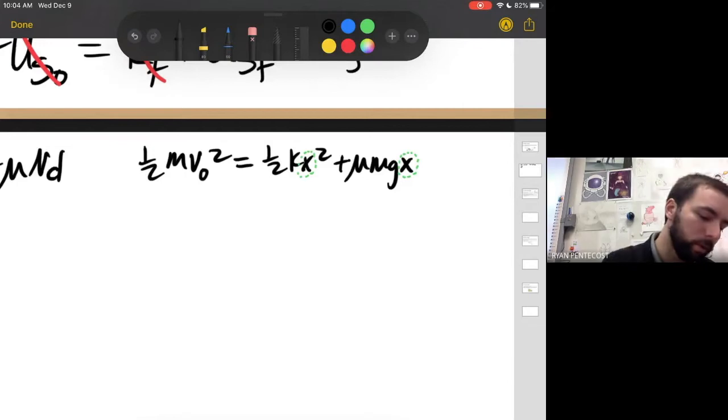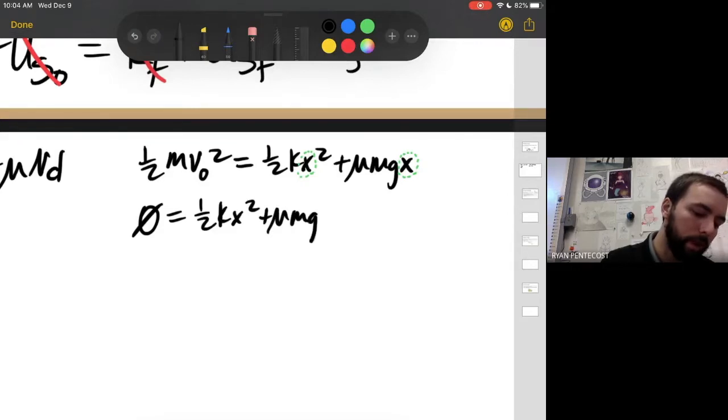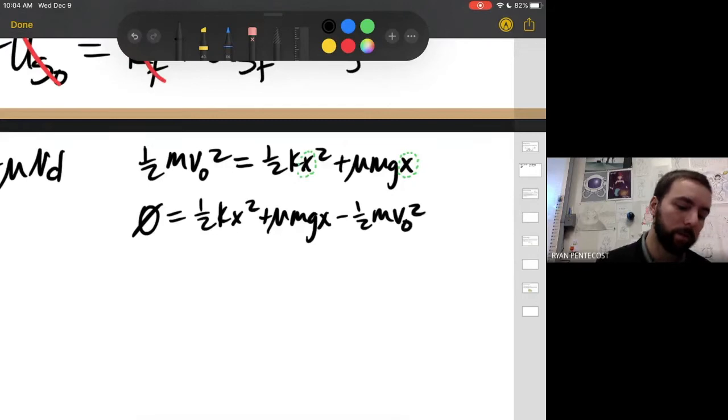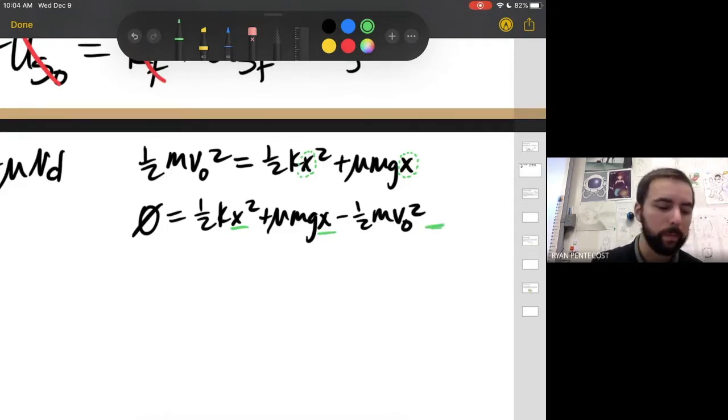For physics, we're going to subtract that over, so you have 1/2 kx squared plus mu mgx minus 1/2 mv naught squared. And now you notice that you've got an x squared here, you've got an x here, and then you have no x here. So if this is giving you PTSD from math class, that's because we're going to have to do a quadratic.